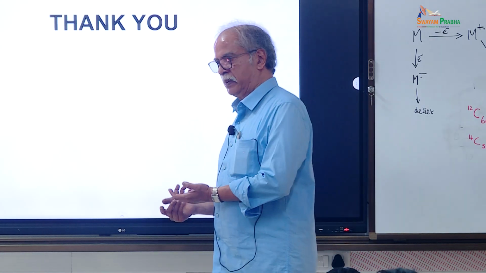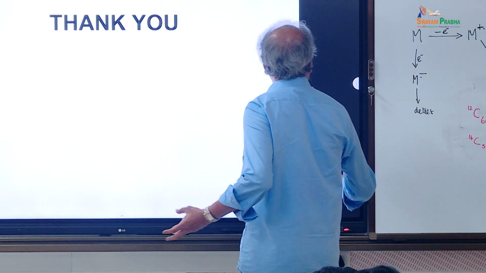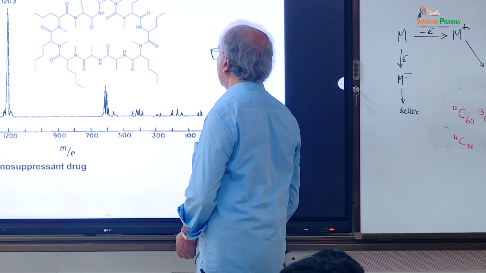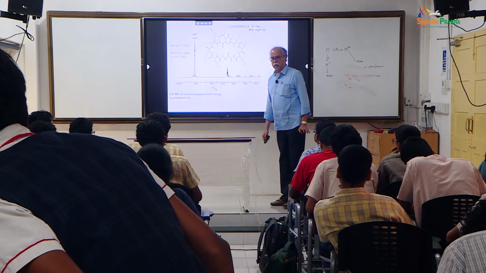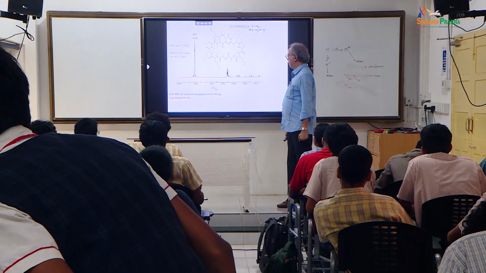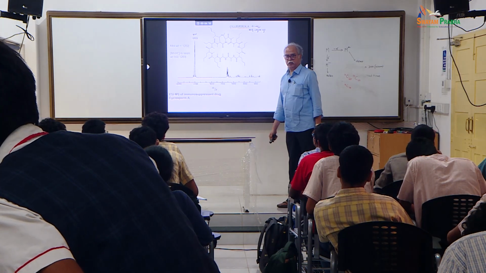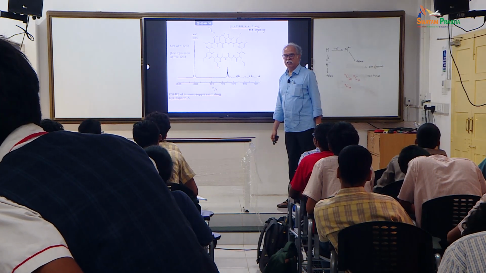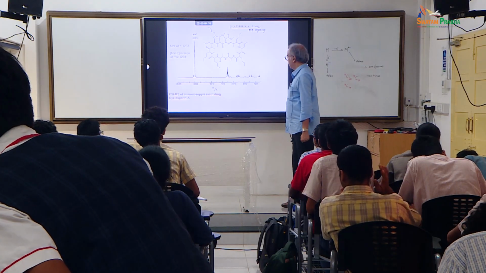Maybe I can show one spectrum of a high molecular weight compound. Look at the polypeptide molecule that is shown here, cyclosporine. It is an immunosuppressant. People are given cyclosporine when they undergo surgery so that they are protected against immune reactions.